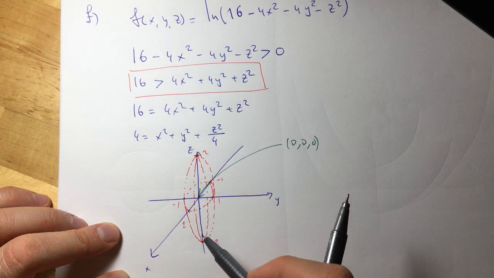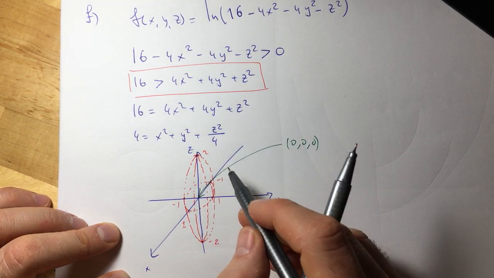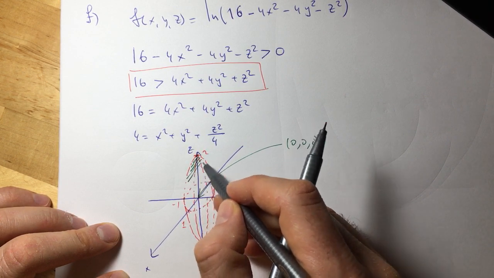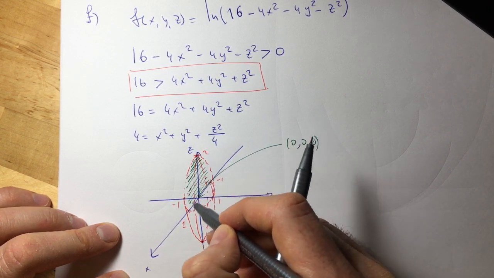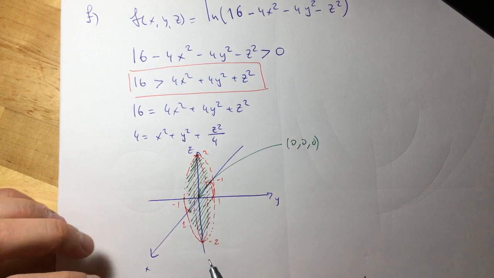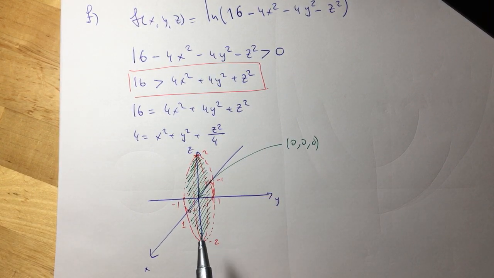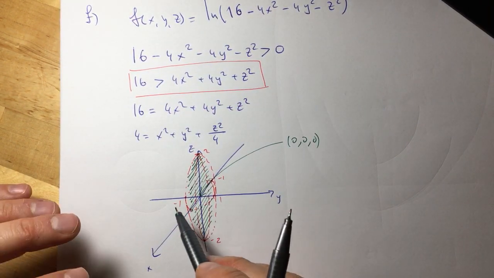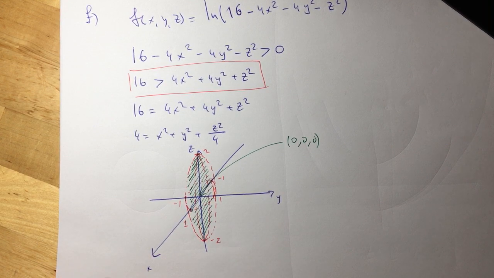Which means that the domain of this function is going to be all the points inside of the ellipsoid, the interior of this ellipsoid. But be careful, because it's a strict inequality. The shell of the ellipsoid is not going to be part of the domain.